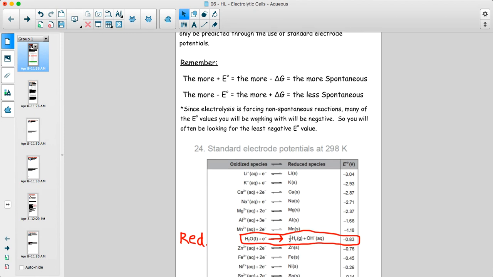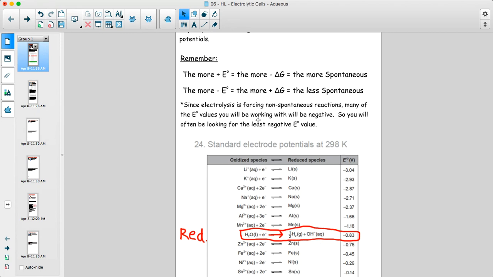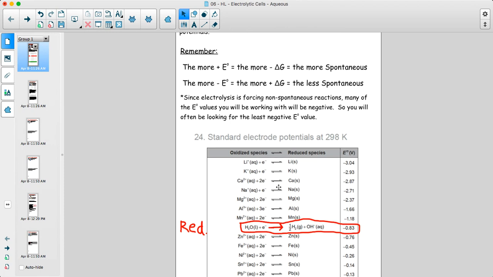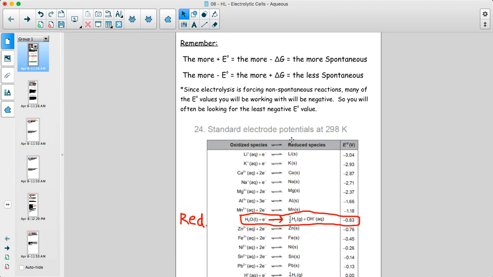But since we are looking at electrolysis, which is a process where we force non-spontaneous reactions to take place, a lot of the electrode potential values that we're going to have to deal with are actually negative values. And so we'll often be choosing between two negative values, and we'll be picking the one that is less negative, because by being less negative, that still makes it more spontaneous than something that has a more negative potential.